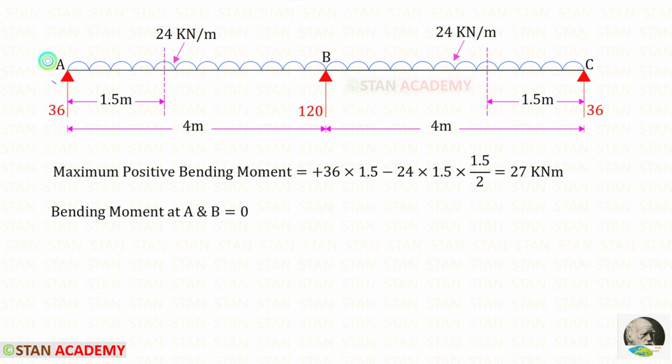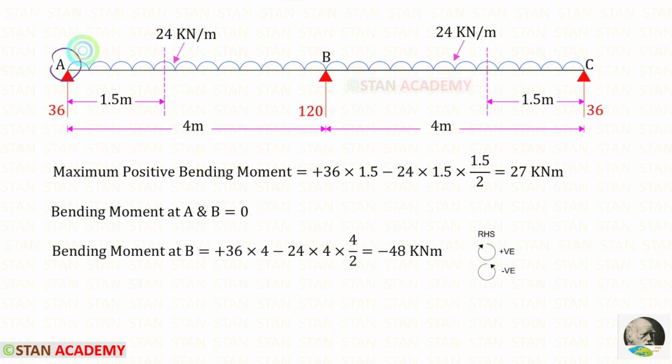The points A and C are the simply supported ends, so the bending moment at A and C will be 0. Now from the point A, let us find the moment at B. RA is acting in the clockwise direction so it will be positive and the distance is 4.